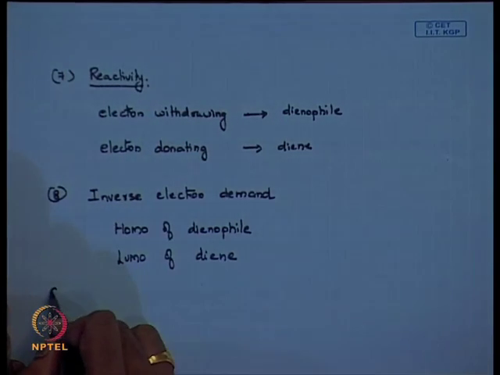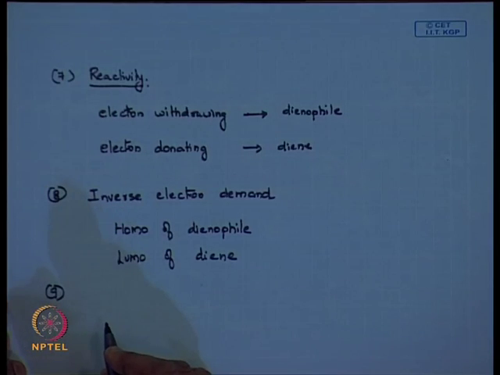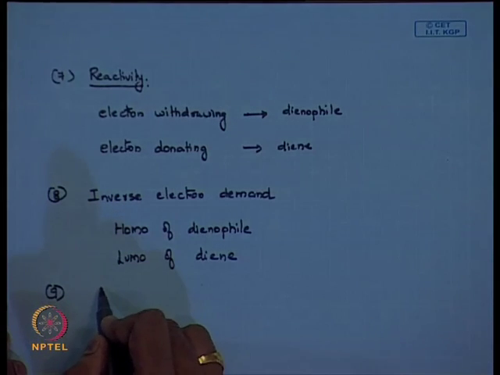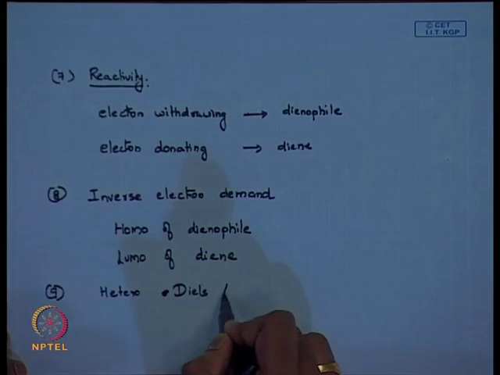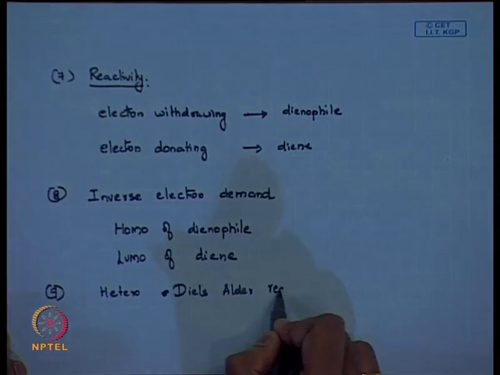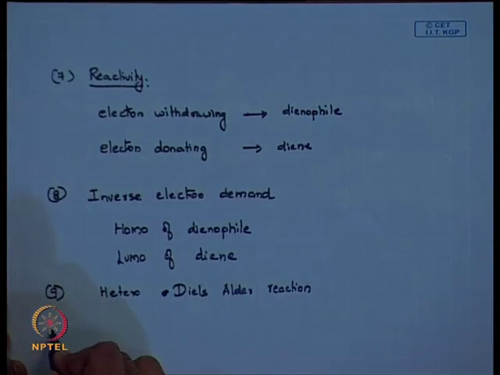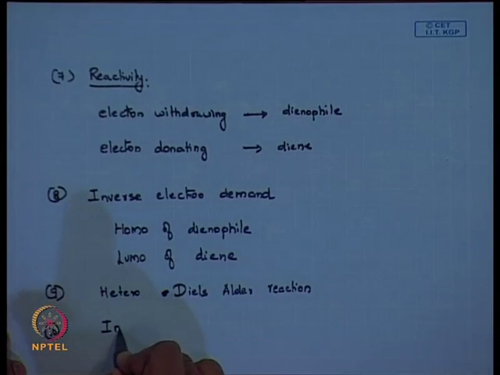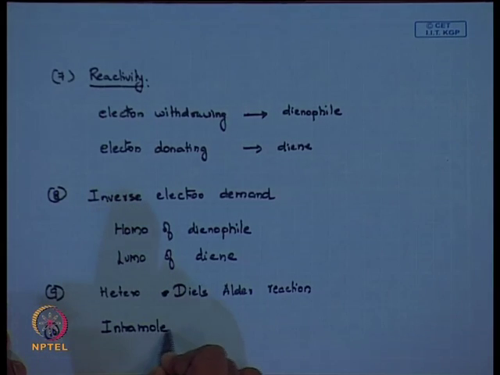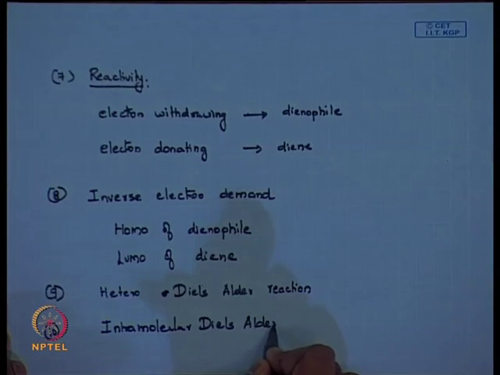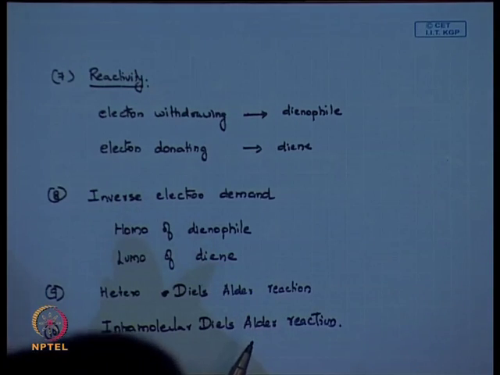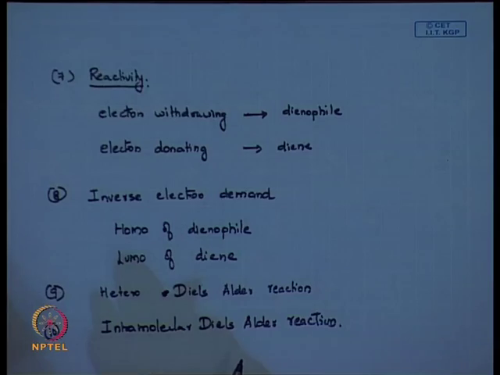Once we did our inverse electron demand, then we moved across to the scope, the hetero-Diels-Alder reaction. Then finally, we ended up talking about the intramolecular Diels-Alder reaction. Fine. So, these are the broad areas where we covered the Diels-Alder reaction.